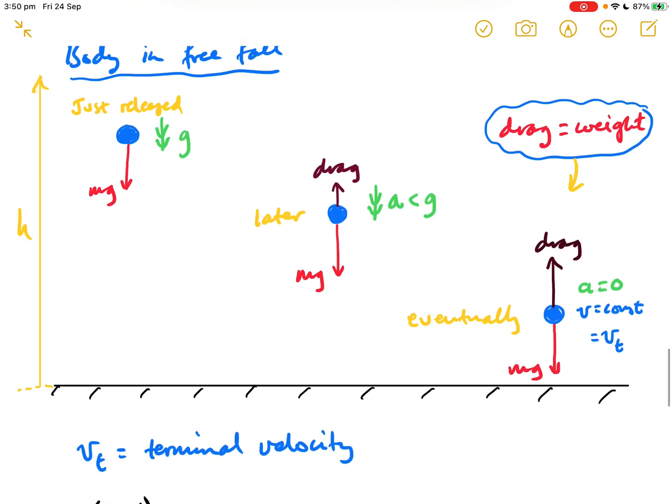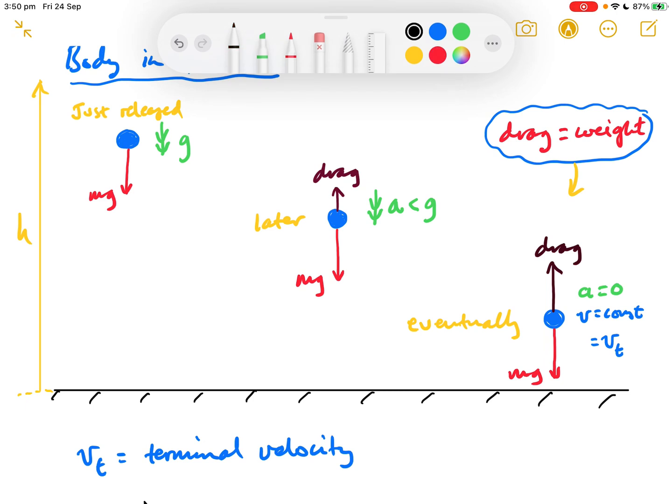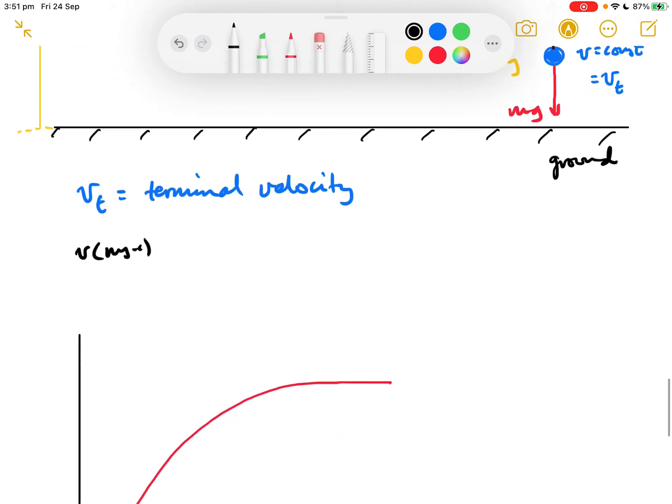And that constant velocity is called the terminal velocity, v subscript t. Should just remind you that this is the ground. Okay, so that's the terminal velocity, and you did meet that at National 5.